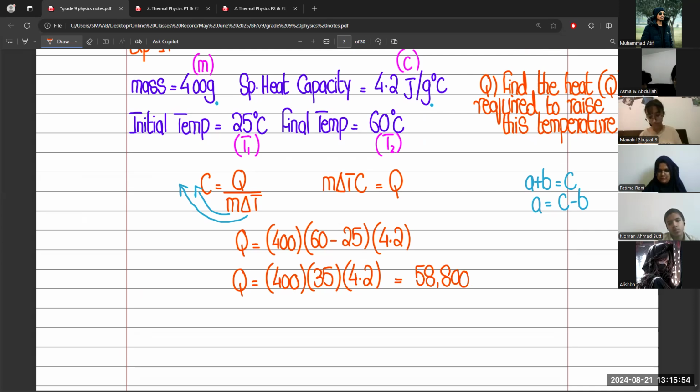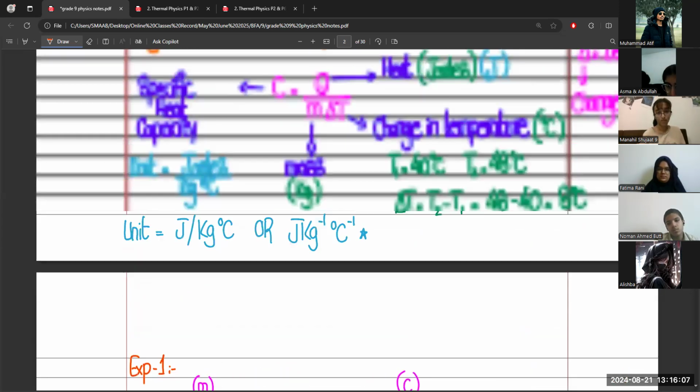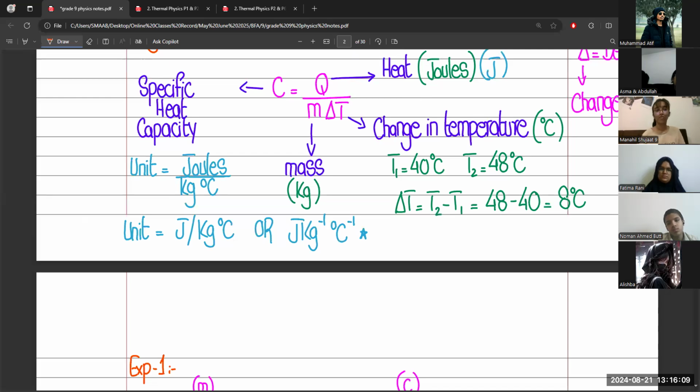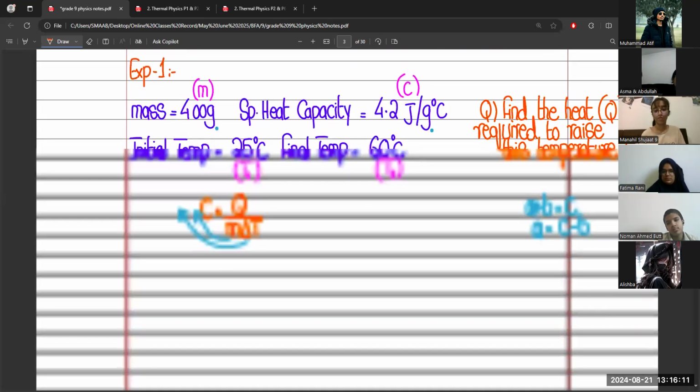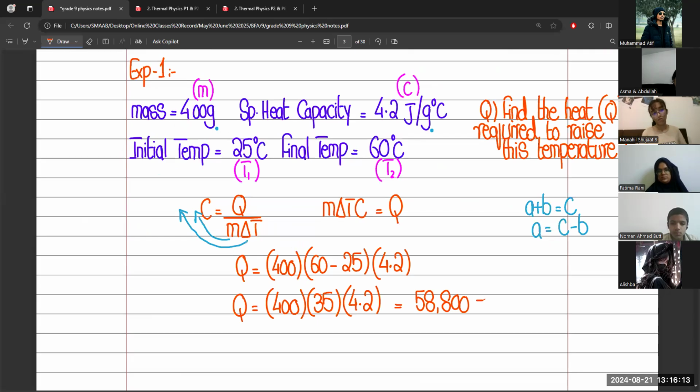And as we already discussed, the SI unit for heat is joules. As we discussed over here, the SI unit of heat is joule. So we just simply write J and this is your answer.